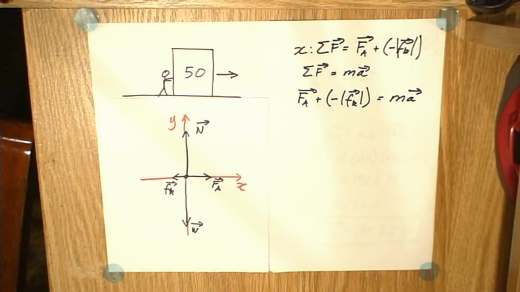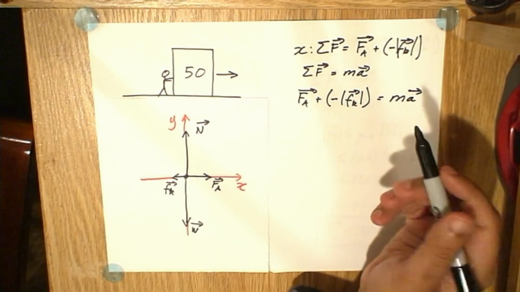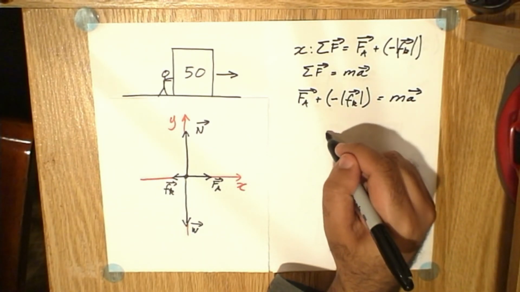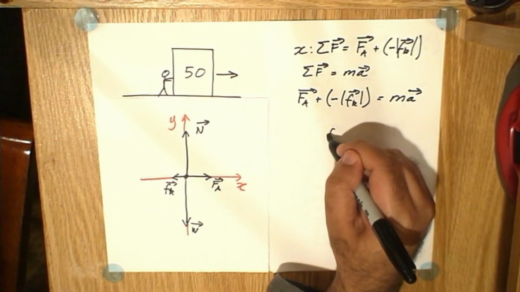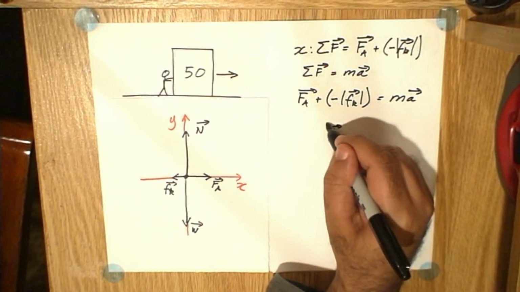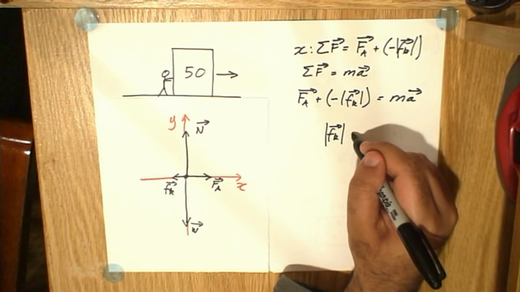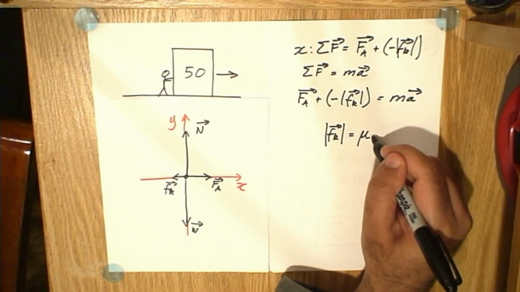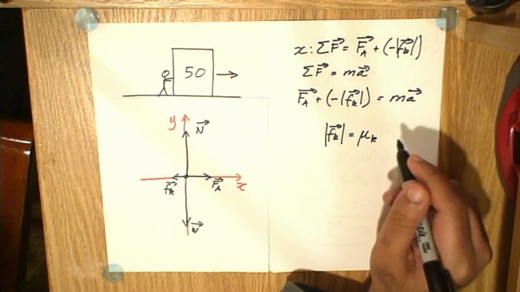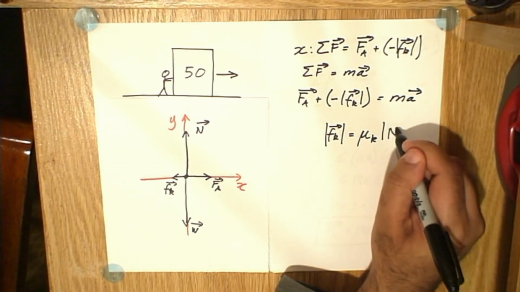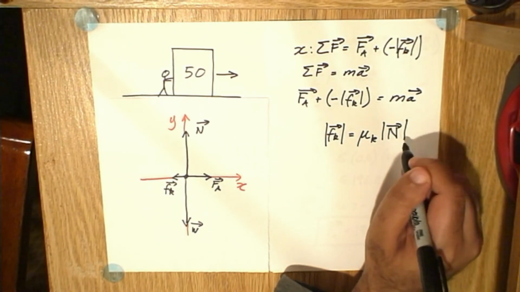The applied force is the same as before, 196.2 newtons. But the kinetic friction is obviously going to be smaller than the static friction and also the applied force. So let's figure out how big that kinetic friction must be. The force of kinetic friction is equal to mu sub k, the coefficient of kinetic friction, multiplied by the normal force.